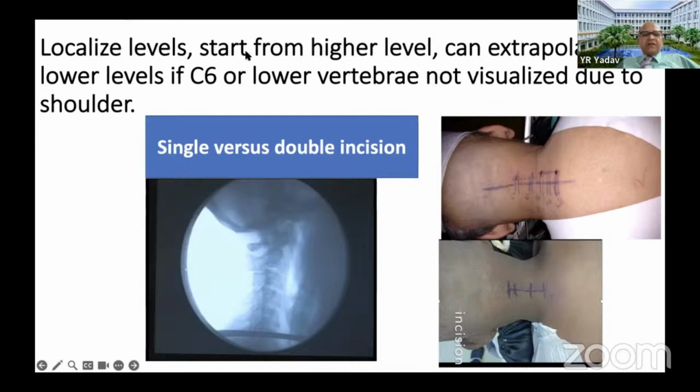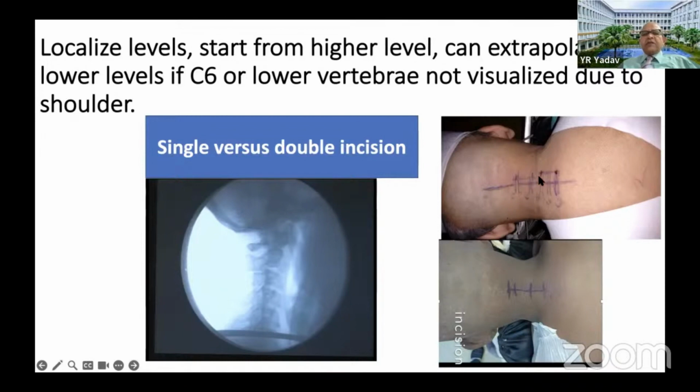But there are some problems. In obese patients the shoulder comes in your way and you are not able to localize at the C6 or C7 level. In that case, you start from the higher level and keep marking, writing that this is C3, C4, and then you can see C5 also.